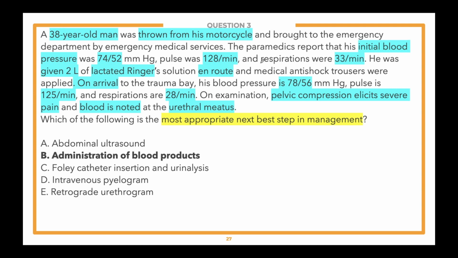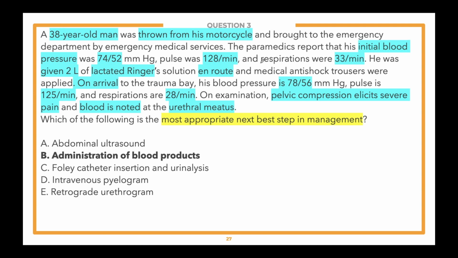An IV pyelogram would be more for a kidney, and again is inappropriate at this time. A Foley catheter insertion, you do not want to insert a Foley catheter. It's actually contraindicated to put that into a urethra when there is concern for a urethral injury.